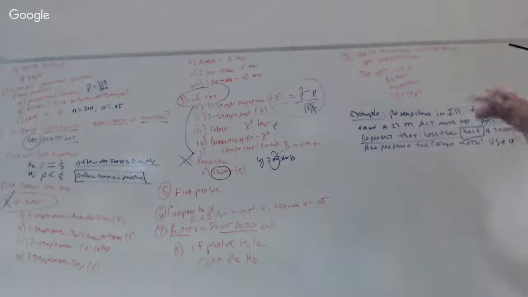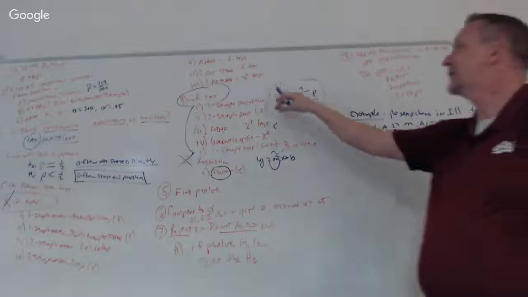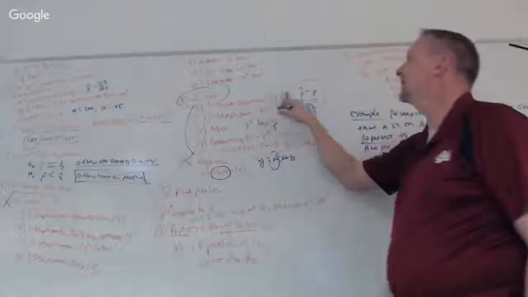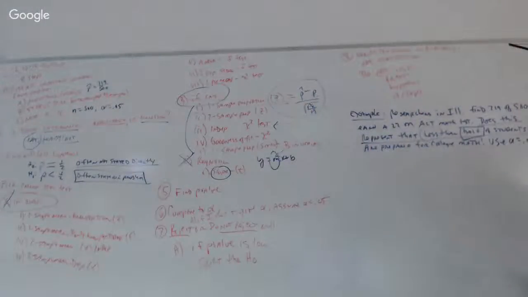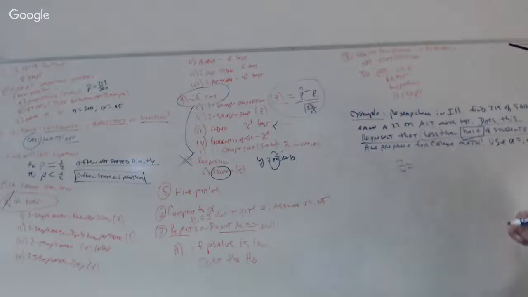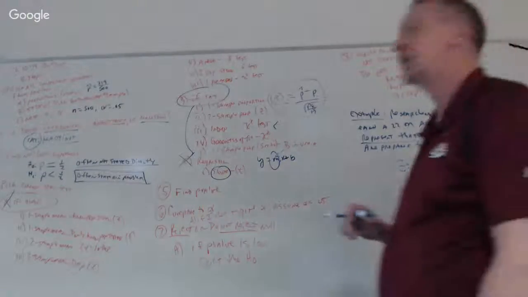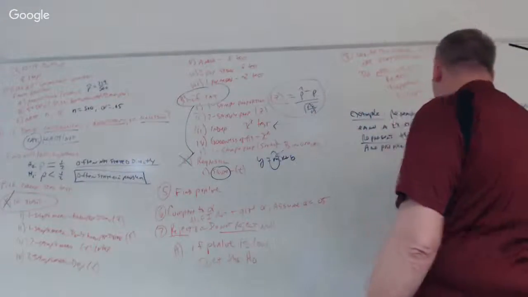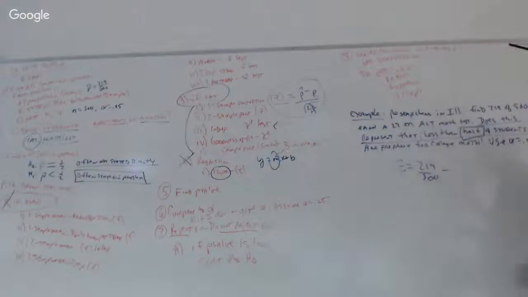Okay? Each one of these is going to be associated with a different equation. So while I just put z, not every one of these z-tests is the same. So this is the z-test for the one sample proportion. In this case, z equals p hat, which is what, Eric? 219 over 500 minus p, which is what?